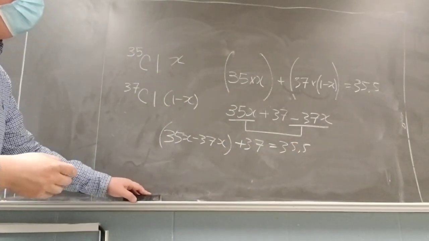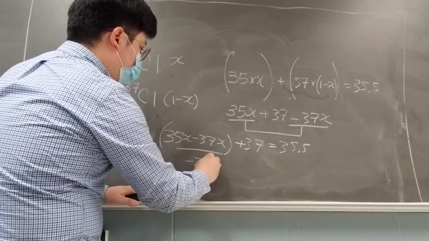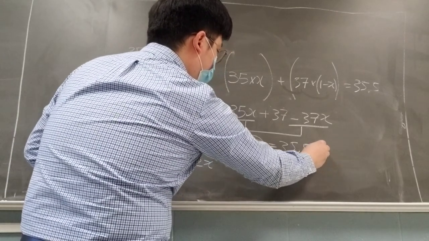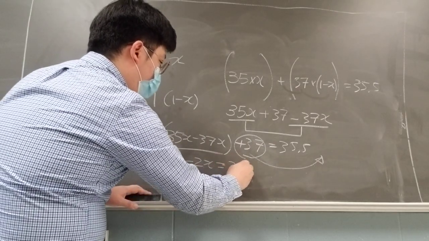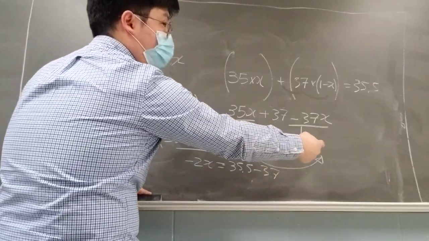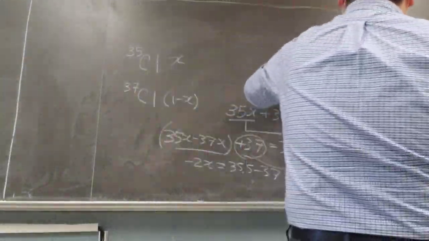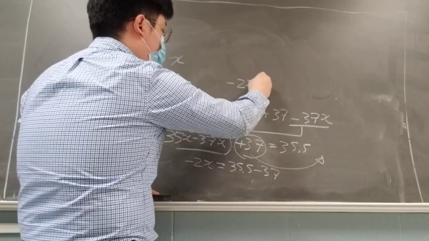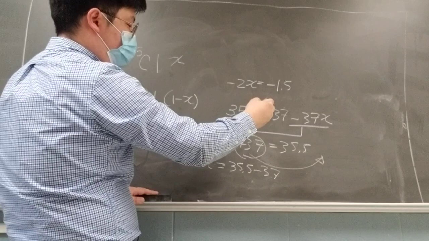So this makes negative 2x, and I'm going to put this one on the other side. That makes negative 2x equal to 35.5 minus 37, because it has to be negative on the other side. That gives you negative 2x equals negative 1.5.